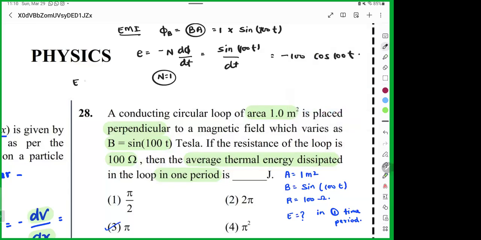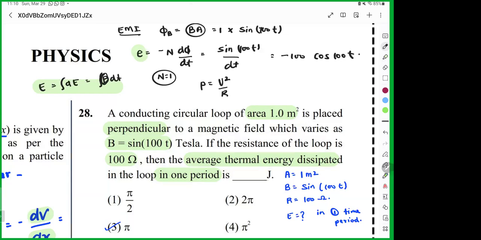Can we correlate energy E is equal to power into time integration? Correct. Power into time integration. It means if you know potential, can you calculate power? Because we need power for this equation. Power is equal to V square by R. V means potential, EMF is potential.